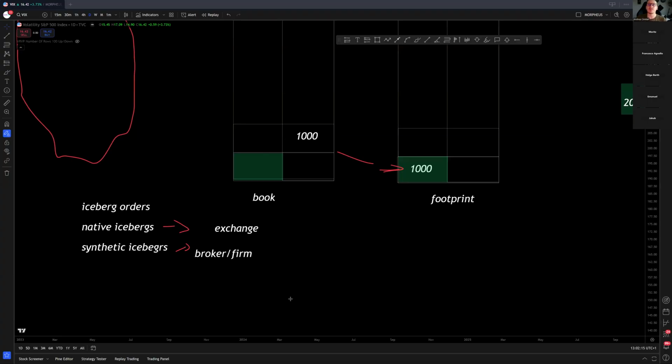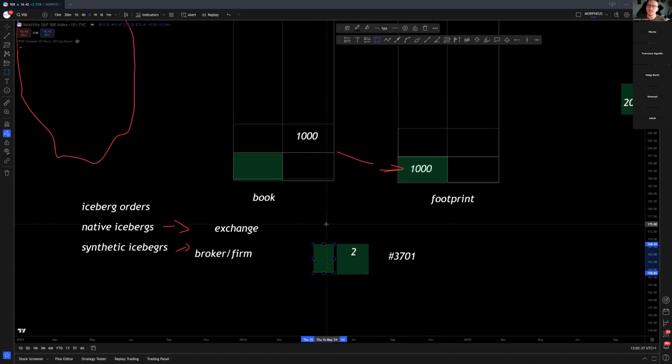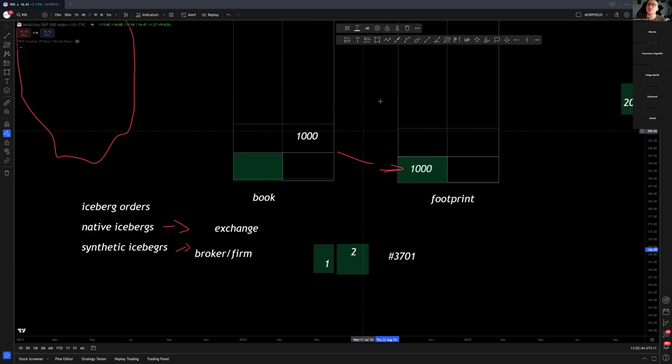So for example, I could place one order for 2 contracts, and let's say this order ID is 3701. And then maybe I'll place another order for 1 contract, and that will have another order ID, which could be 3702, sorry.